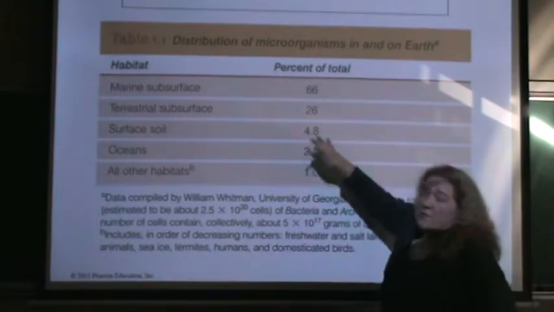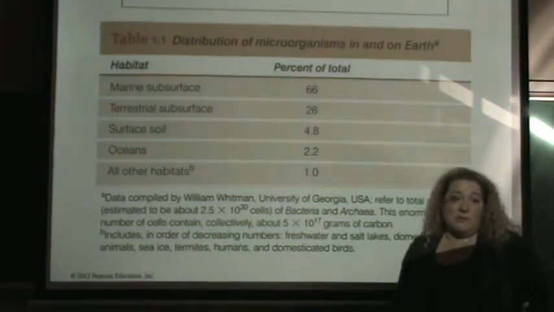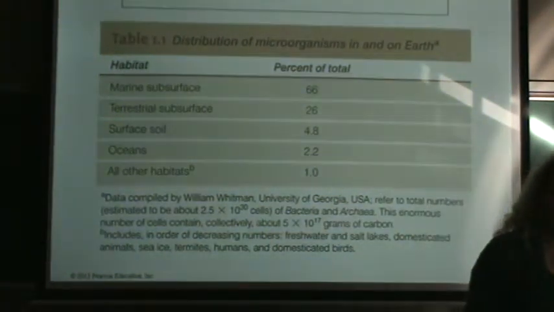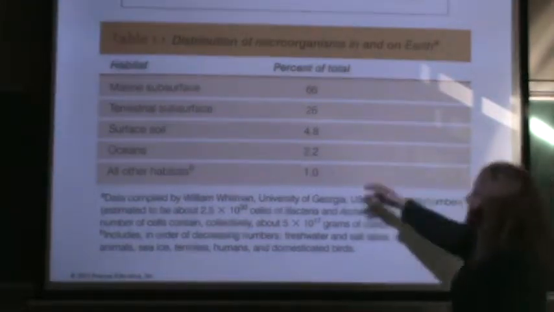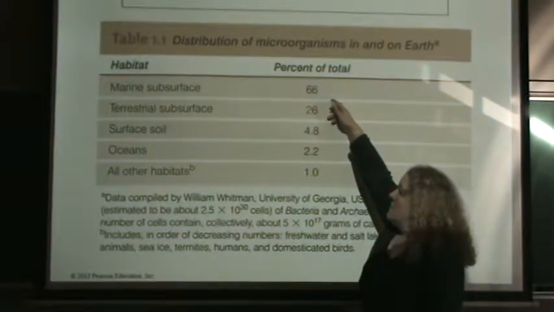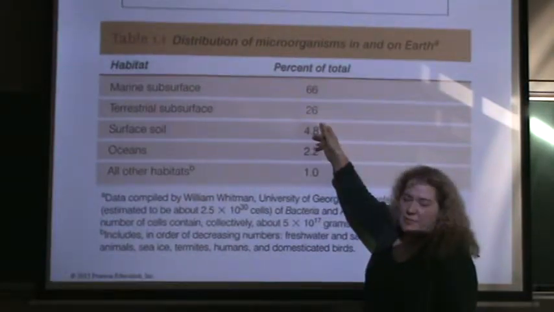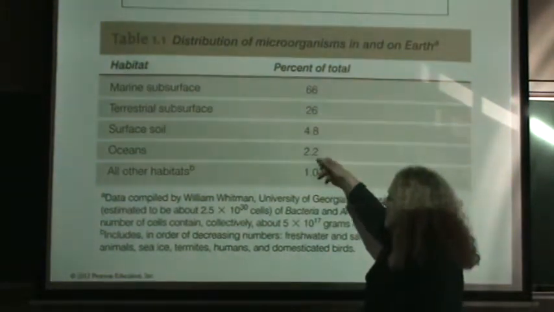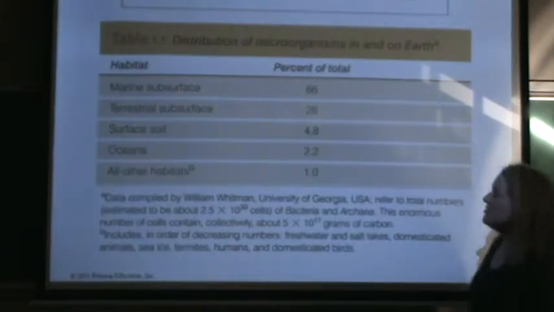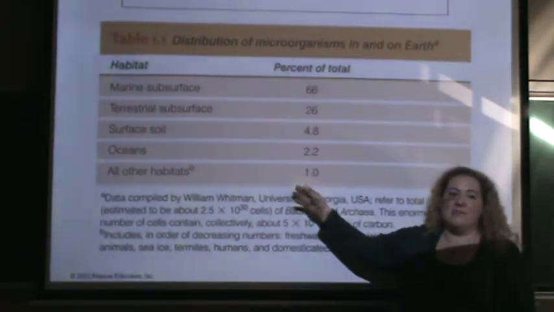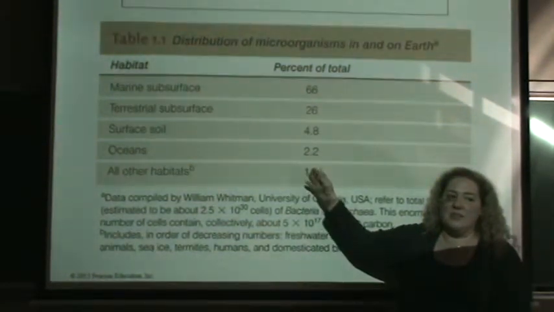Another huge group of them are below the surface of the earth in the soil and the rocks, and so on. That's almost 3/4 of them. In what we think of as soil, about 5%, about 2% in the oceans, and every other place, only 1%.